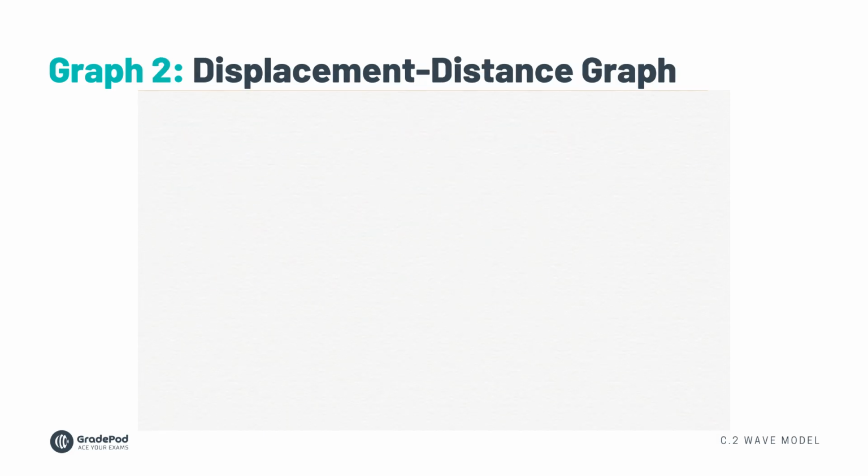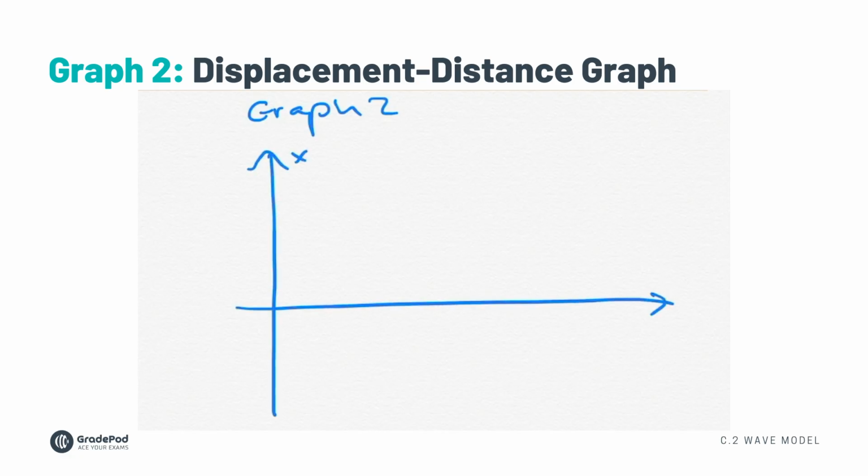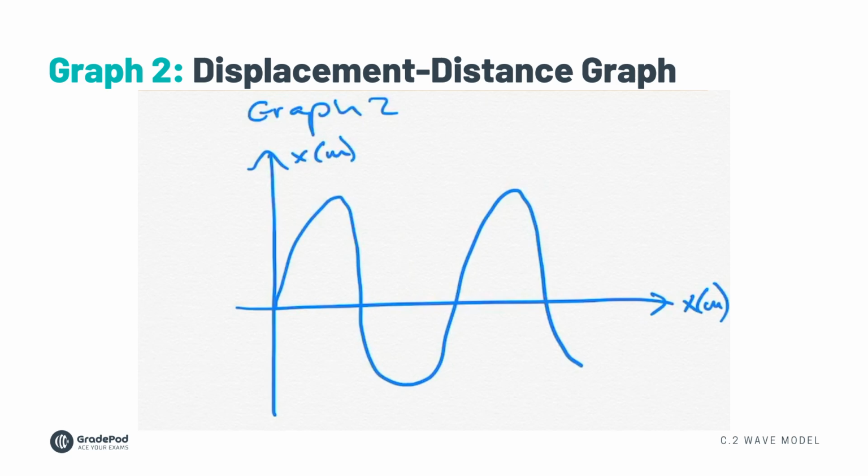And the second type of graph that we found was graph 2, and that was a displacement-displacement graph. So both x and y axes have displacement on them, and when we look at the wave, it looks exactly the same, but there's no time element to this.